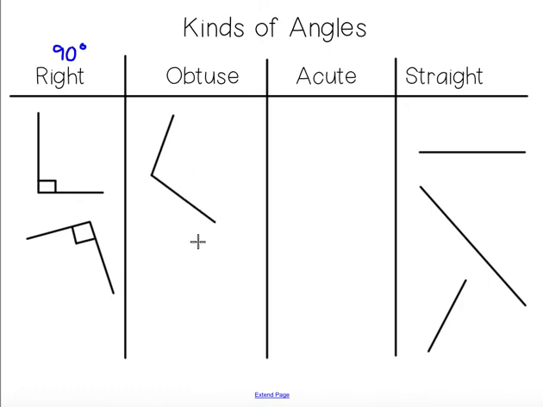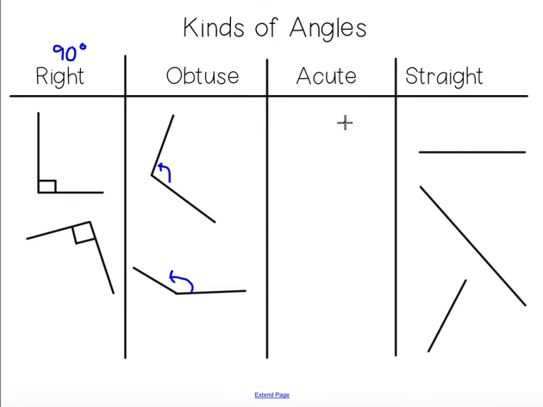So it might look something like that, or like that, and the angle that we're looking at is that. Okay, so those are a couple examples of obtuse angles.